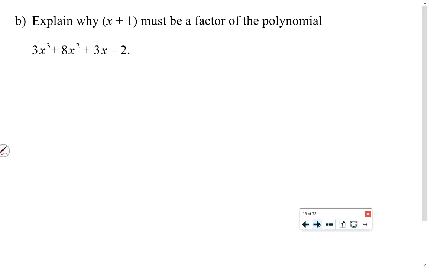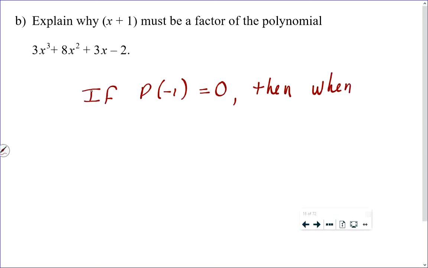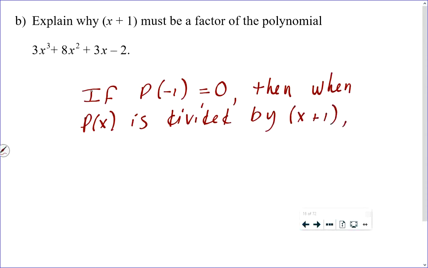So, to summarize all this, and the logic is a little tricky, but if p of negative 1 equals 0, then when p of x is divided by x plus 1, the remainder is 0.